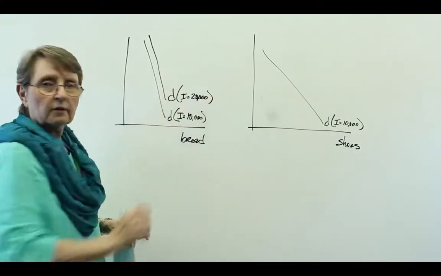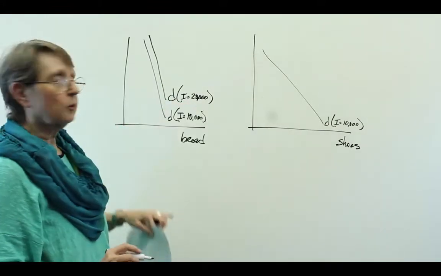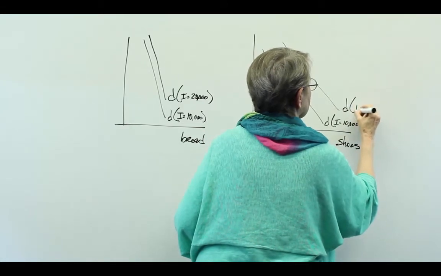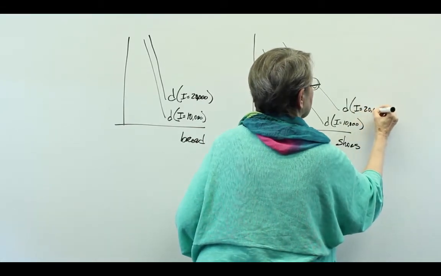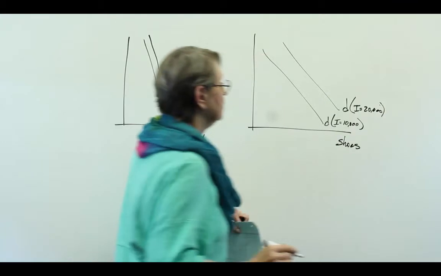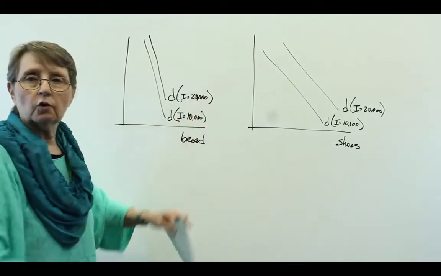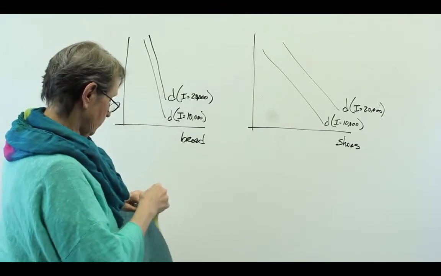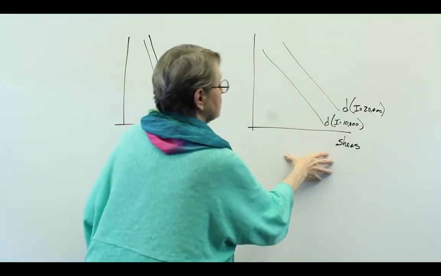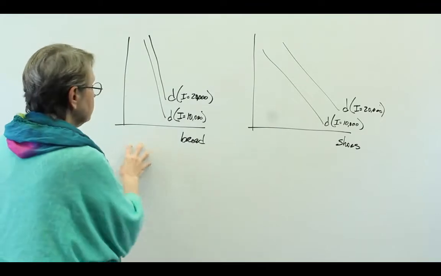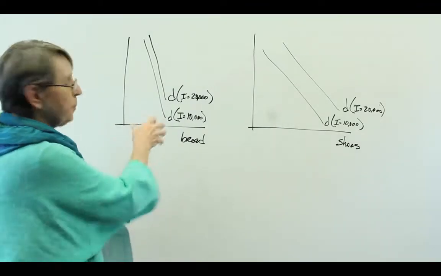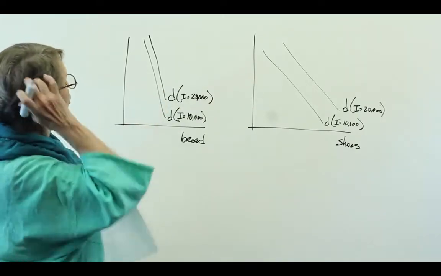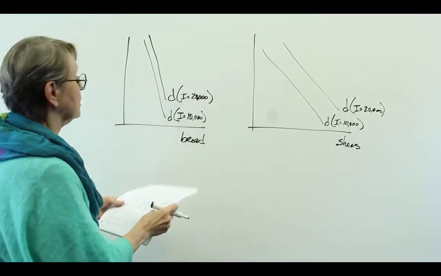So this is what the demand curve would look like if income goes up to 20,000. Over here we'd have the same thing. Demand would look like this if income is 20,000. So what you can see is both are normal goods, demand increases. But what you also can see is that the response in the market for shoes is much bigger than the response in the market for bread. And so we can actually measure that, and we call it income elasticity.